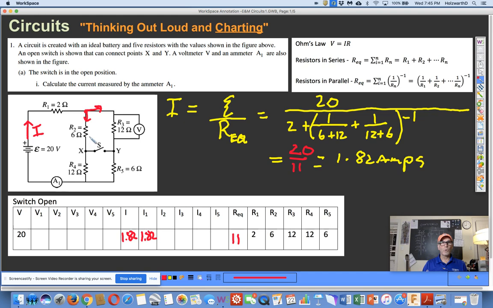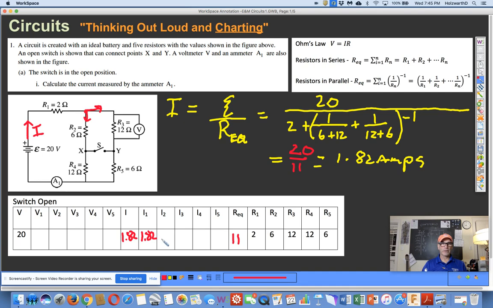Now, once the branching begins, I2 is going to be half because each branch has equal resistance, so it splits equally. And later you'll learn that current takes the path of least resistance. So if each path is equal, then it's just going to divide up. So 1.82 divided by 2 is 0.909.